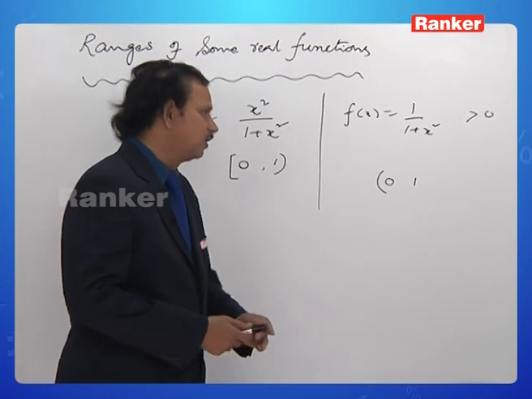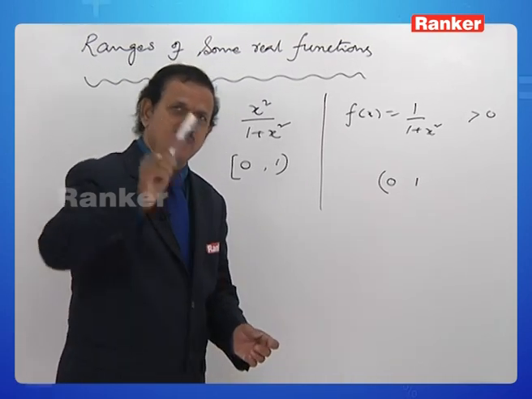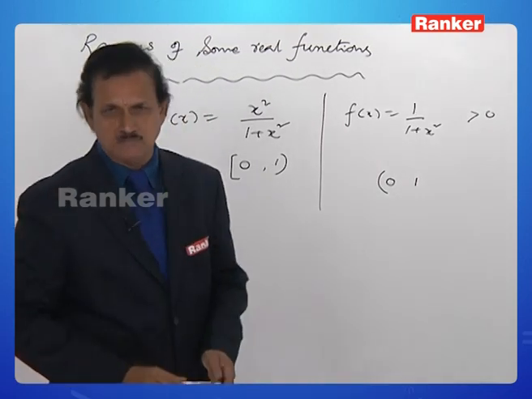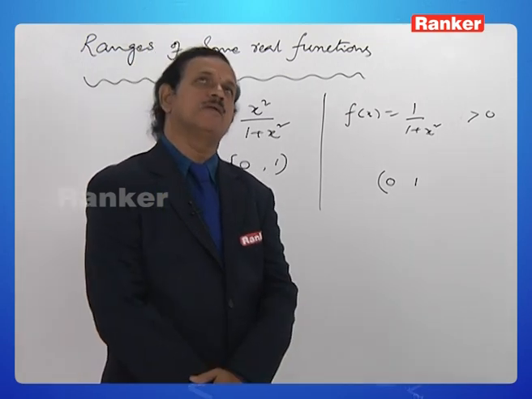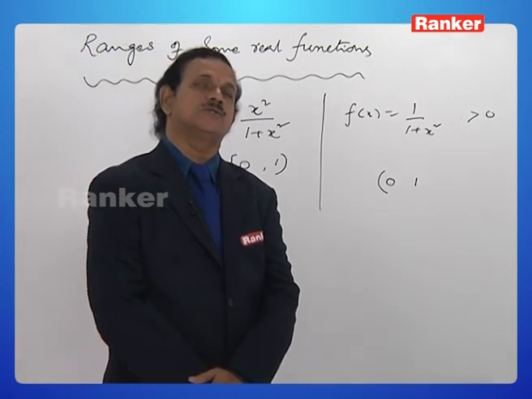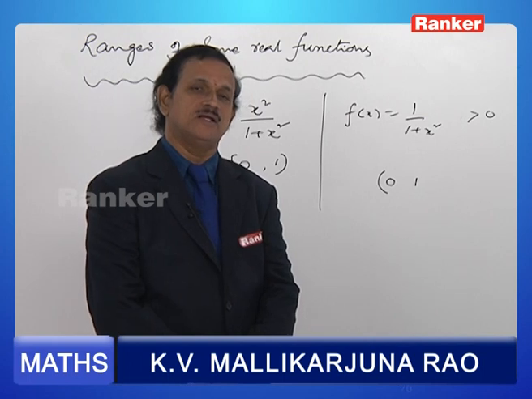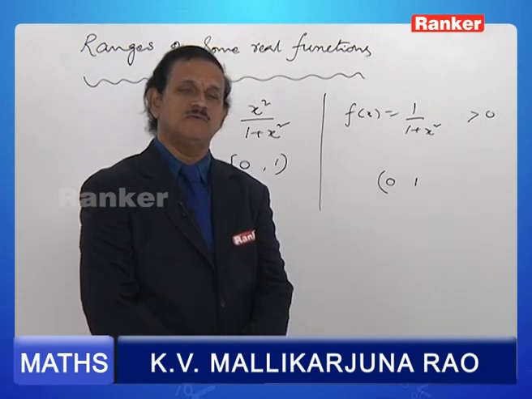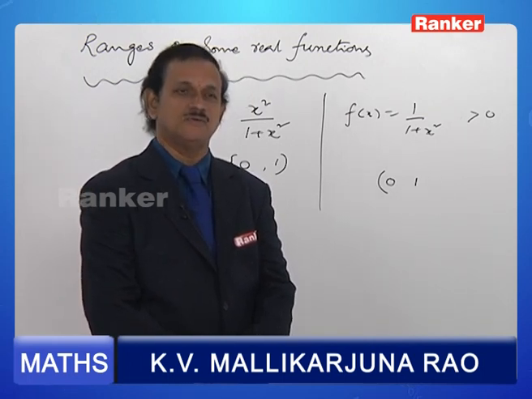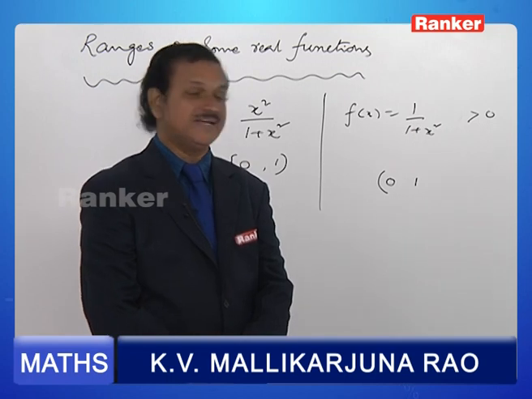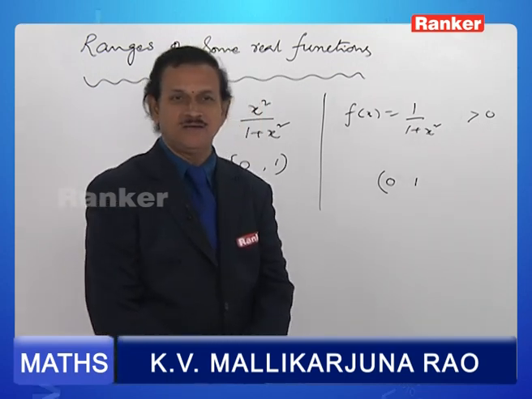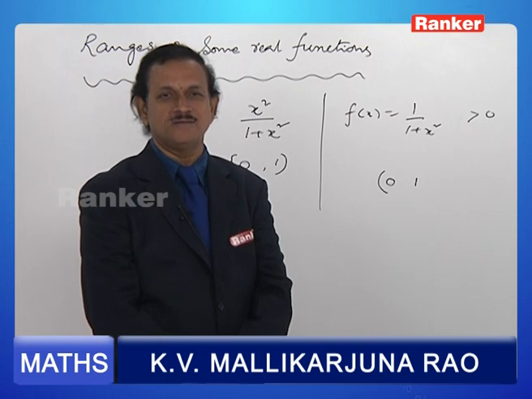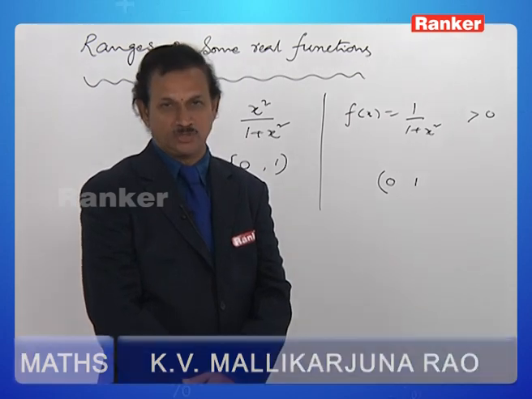Again, think of. Is there any possibility that 1 by 1 plus x square becomes 1? Think of, 1 by 1 plus x square is equal to 1. So 1 plus x square is equal to 1. Leaving 1, x square is equal to 0. Then x is equal to 0. Yes, possible. It may become 1 when x is 0.